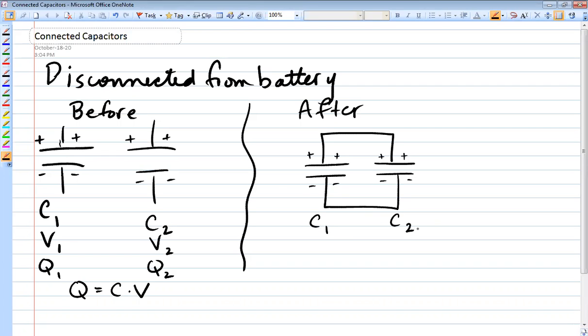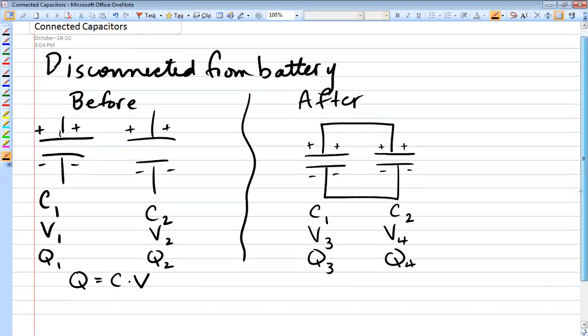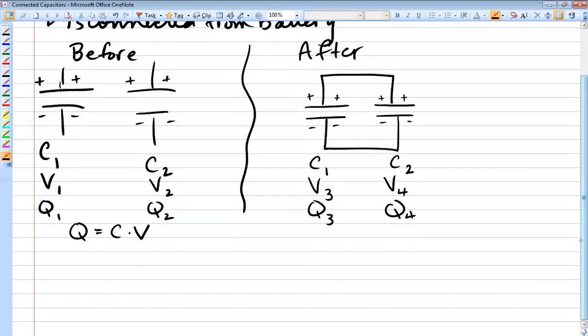You buy it from the store, and because of its plate area and its plate separation, it has a certain capacitance, and we can't change that. But the way you charge it and hook it up, the charge and voltage can change. So this is going to have a new voltage V3 and a new voltage V4, also a new charge Q3 and a new charge Q4. The object is to find V3, V4, Q3, Q4.